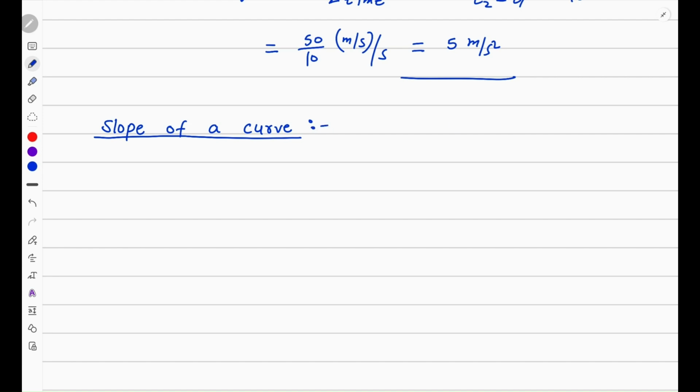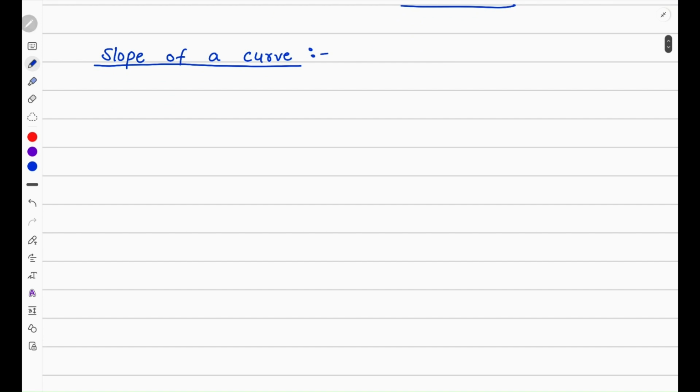In the slope of a curve, what is the slope?